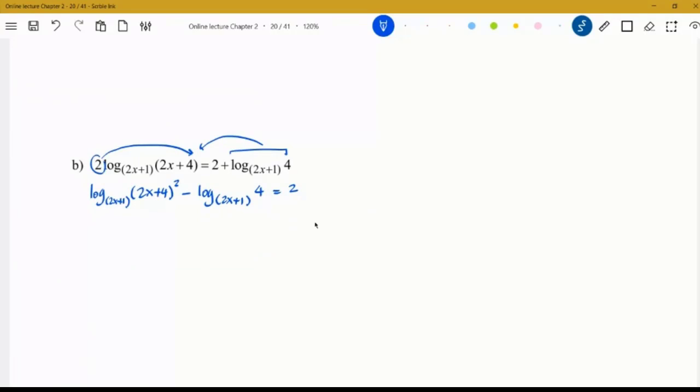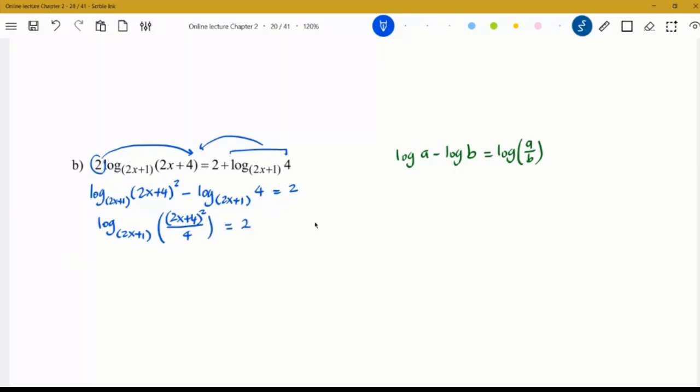Okay, and then we can collect the left hand side by log A minus log B should be equal to log A over B. So it's gonna be log base 2x plus 1, and then we have a big bracket, which is 2x plus 4 squared, the whole thing divided by 4, and on the right hand side we have 2.